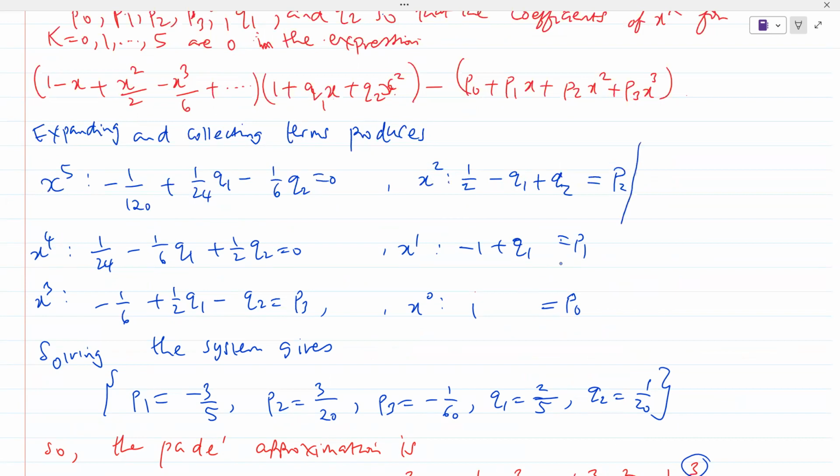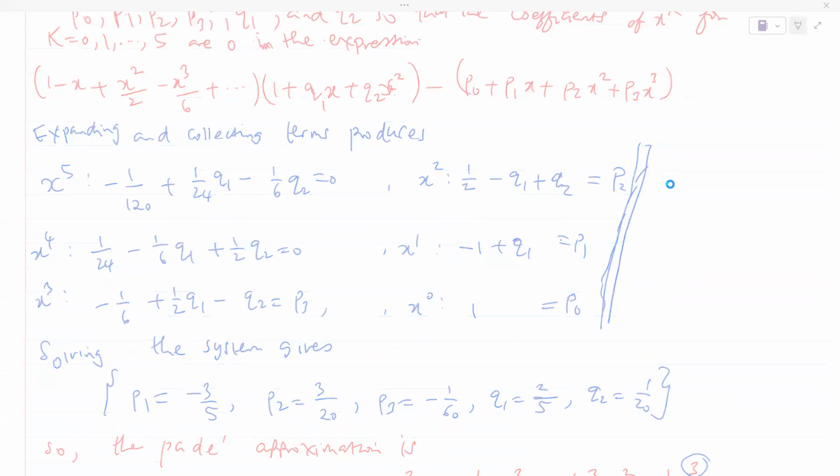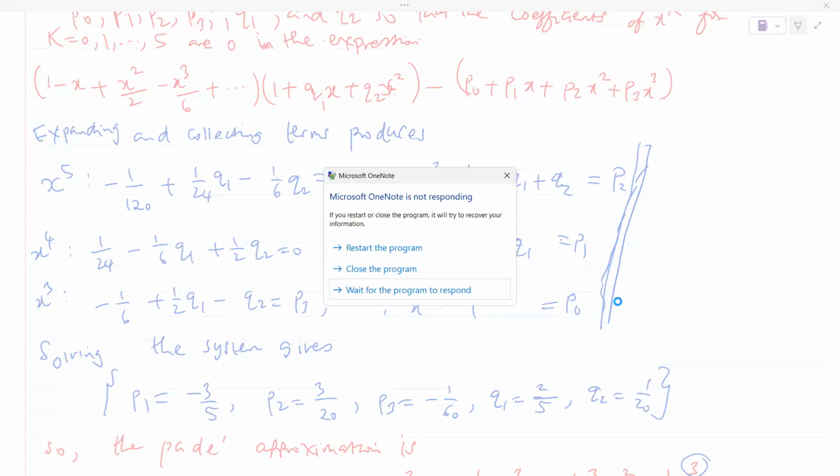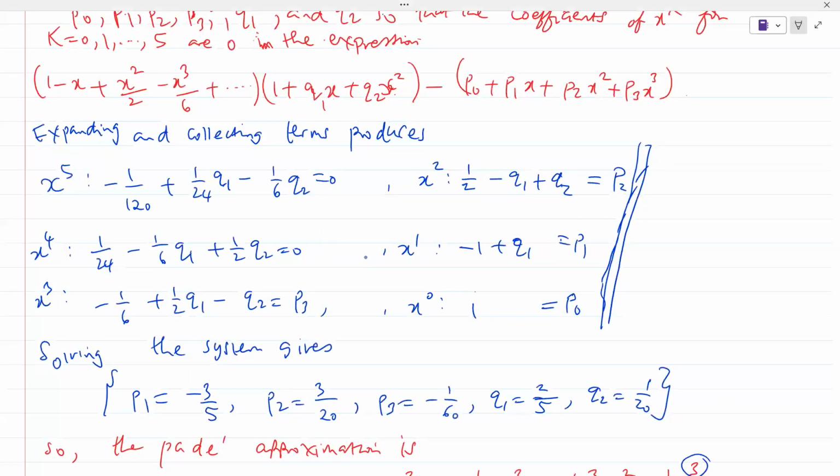And the context is this. What we had here was nothing other than what? Okay, I'm glad it did not shut down.